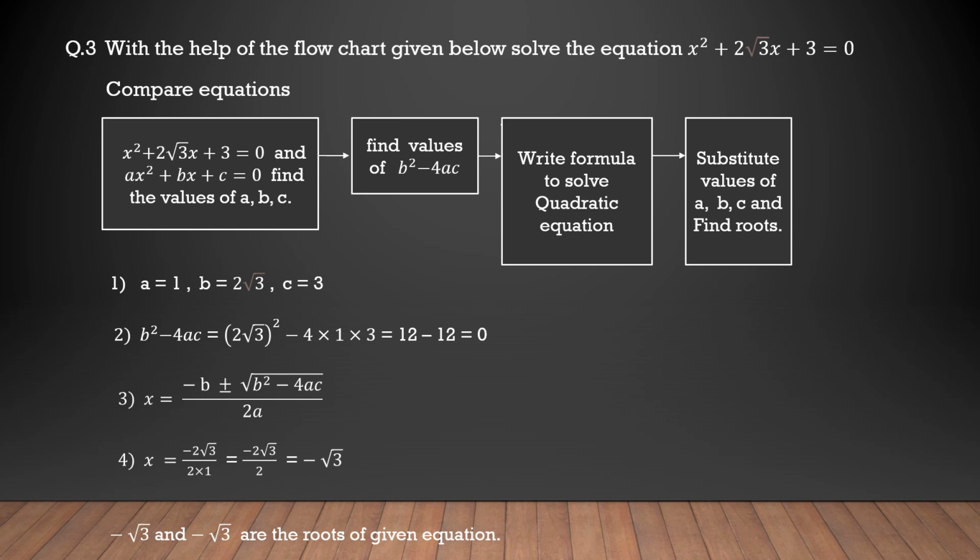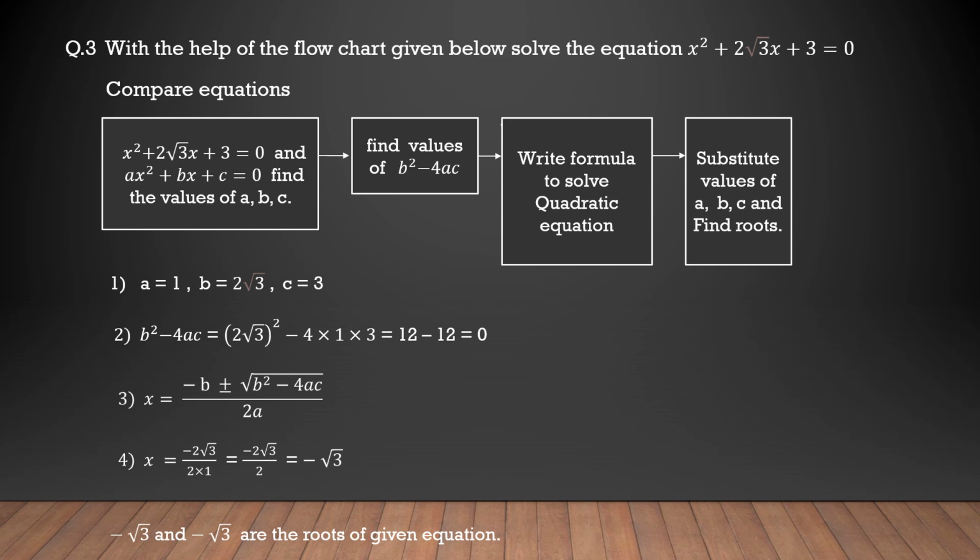So x square plus 2 root 3x plus 3 is equal to 0 and ax square plus bx plus c is equal to 0. Find the value of a, b and c. So first instruction is given, that is compare the equations x square plus 2 root 3x plus 3 is equal to 0 and ax square plus bx plus c is equal to 0.